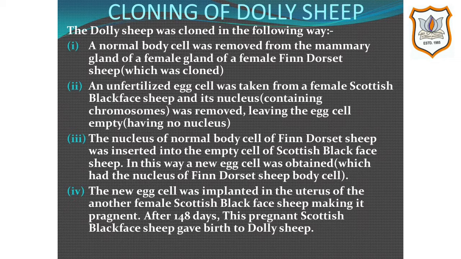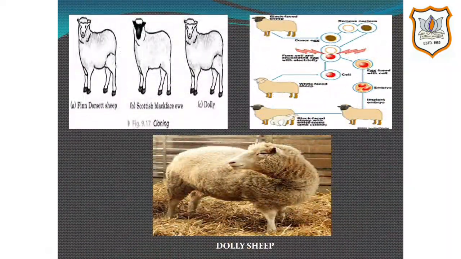Since the nucleus from the egg cell of the original Scottish black-faced sheep was removed, Dolly did not show any characteristic feature of the Scottish black-faced sheep. For example, the Scottish black-faced sheep had a black face, but Dolly sheep does not have a black face. Students, as you can see in the slide, the first picture shows cloning.